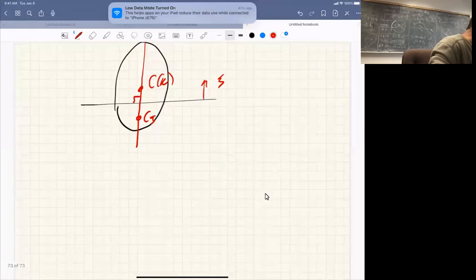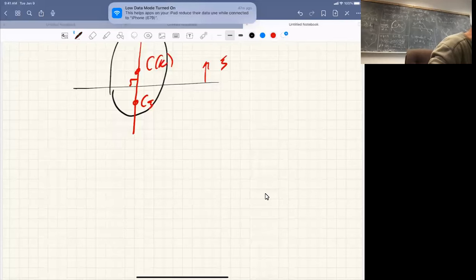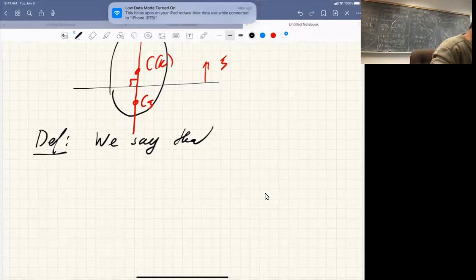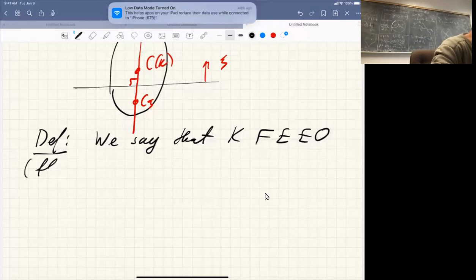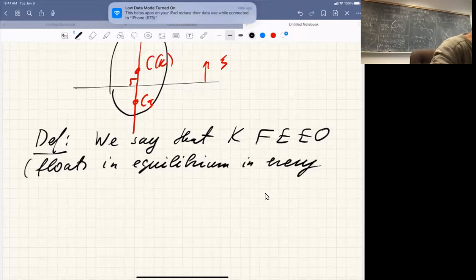So it turns out, I will skip many details now, but just please trust me. It turns out that we can characterize this condition when the body floats in equilibrium in the given orientation, but maybe let me give you another definition first. So definition. We say that K floats in equilibrium in every orientation.